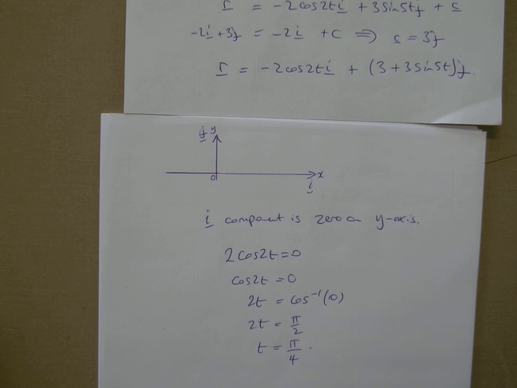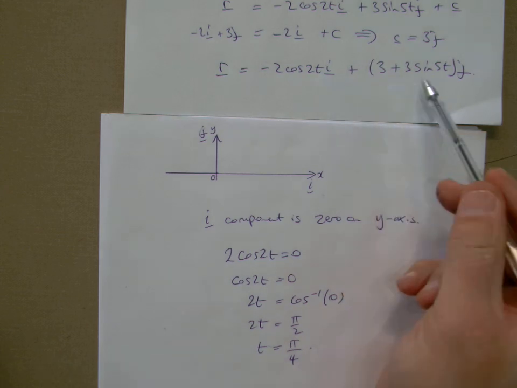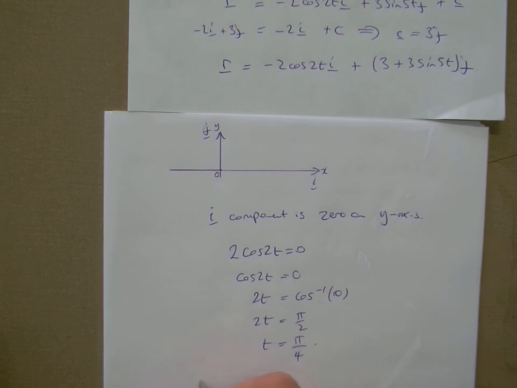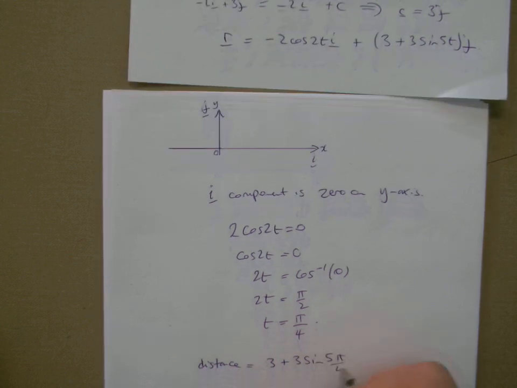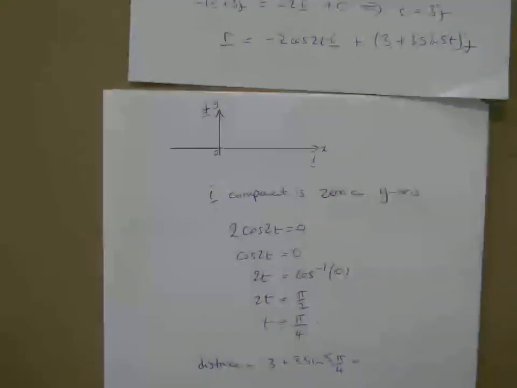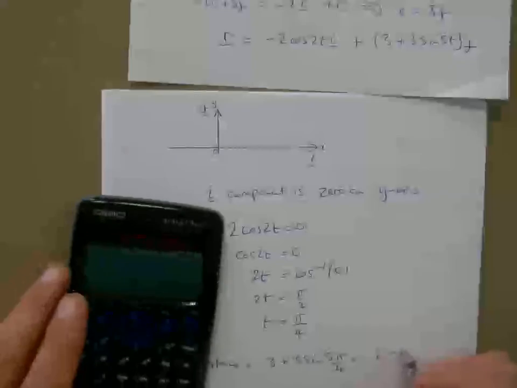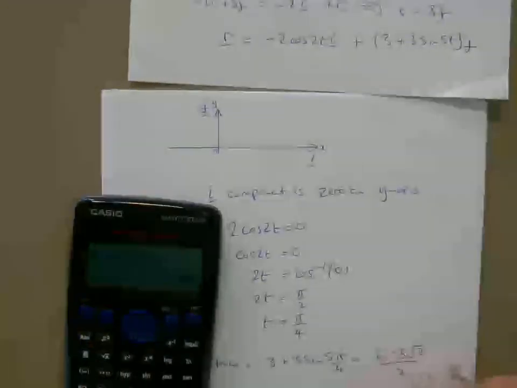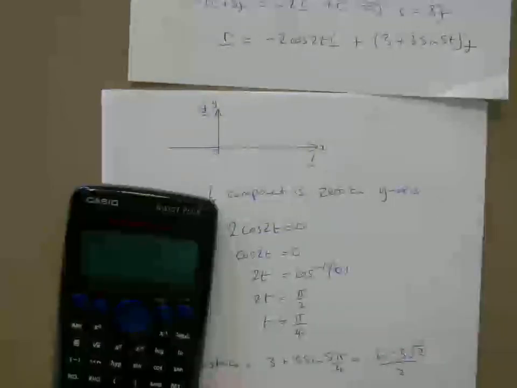To get the distance, you just need to sub it into there. So distance will be 3 plus 3 sine 5 pi over 4, which comes out to be 6 minus 3 root 2 over 2, or 0.878, well, perhaps I'll keep it like that.